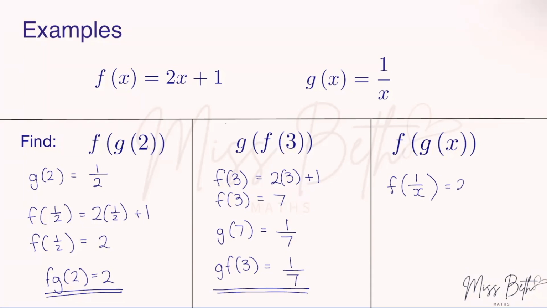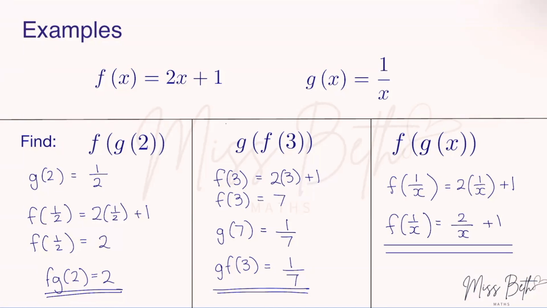So that would mean 2 lots of 1 over x plus 1. I, of course, want to simplify this, so I would multiply out that 2 to give me 2 over x plus 1 as a final answer for that question. So that is composite functions, very briefly, but 3 examples for you to refer to there.